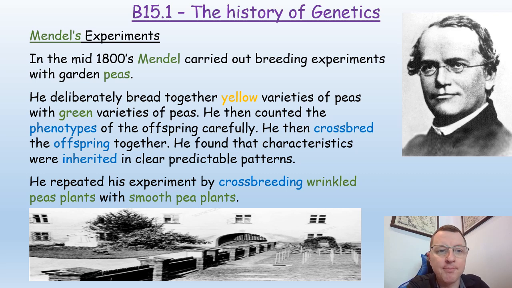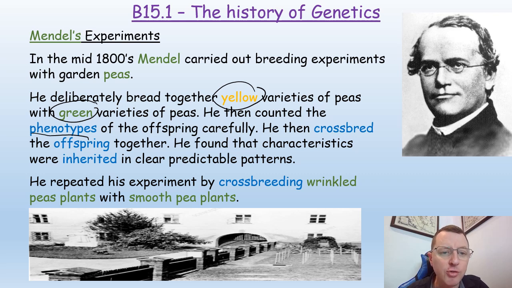How did he do that? Well, in the mid-1800s, Mendel carried out breeding experiments with garden pea plants. He deliberately bred together yellow varieties of pea plants with green varieties of pea plants. And then he counted the phenotypes of the offspring very carefully.